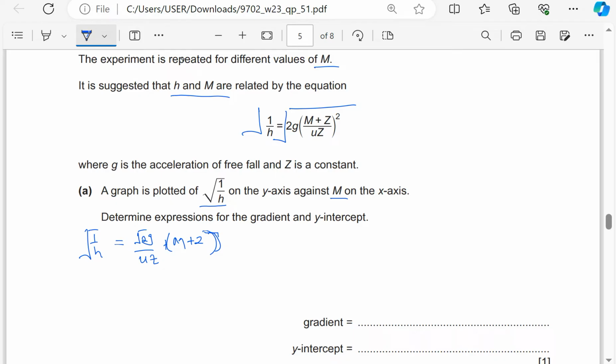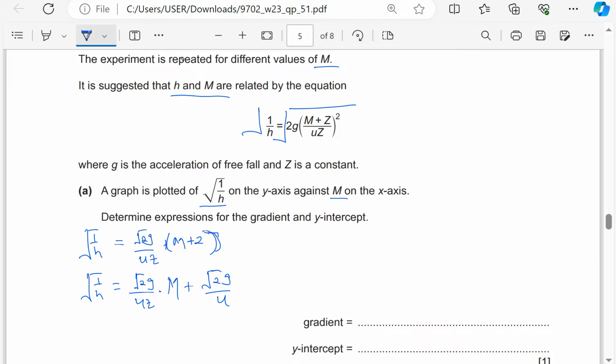Separating m, the root of 1 over h is the square root of twice g divided by uz times m, plus the root of 2g over u, because the z cancels.